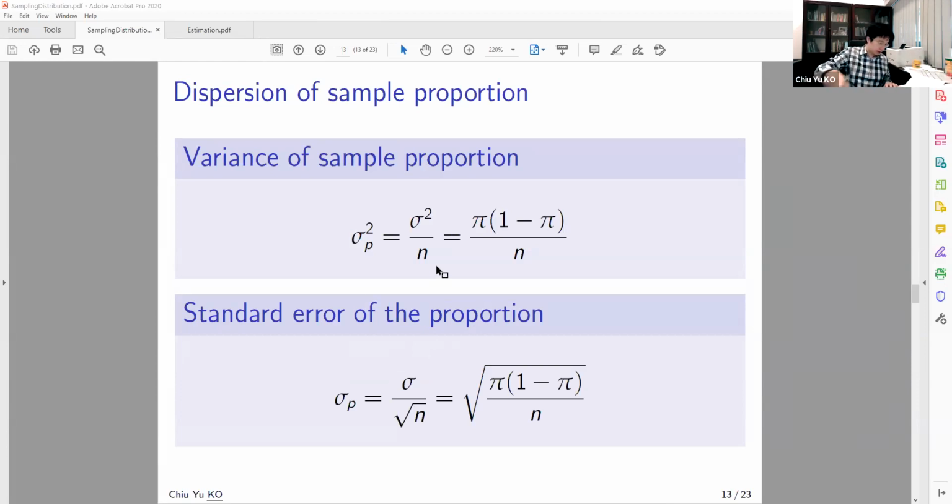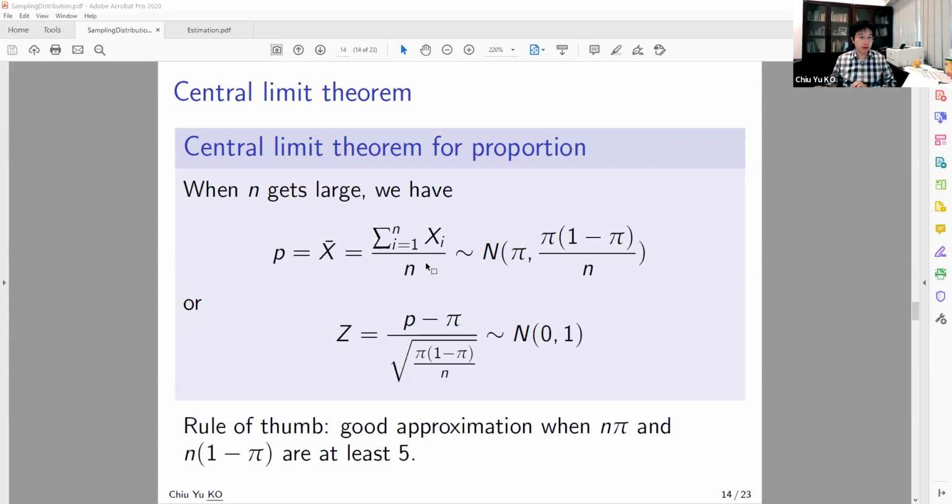So basically, the expected value of x bar is pi. In that case, the central limit theorem tells us this much simpler formula.